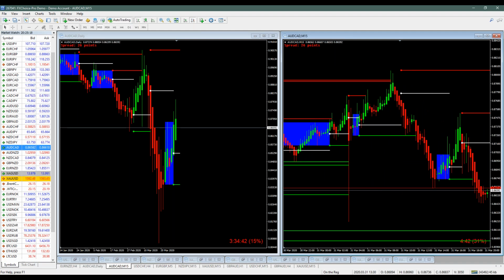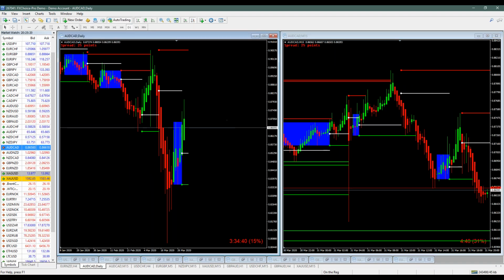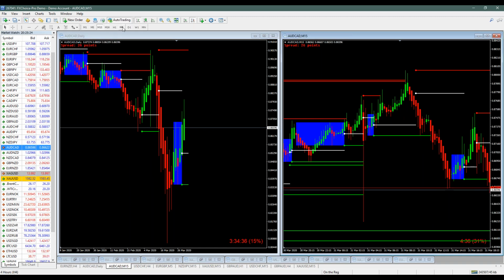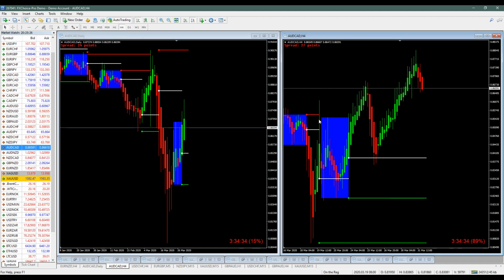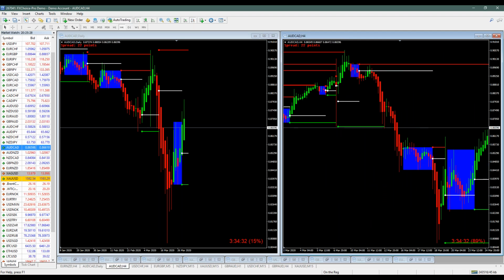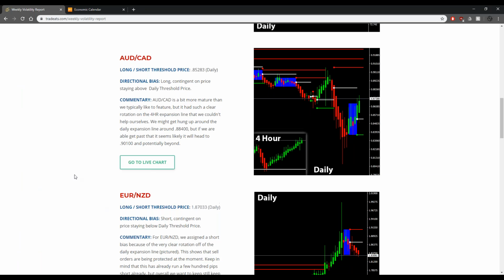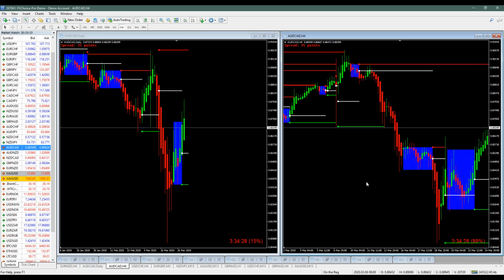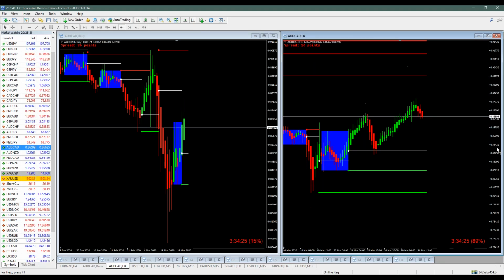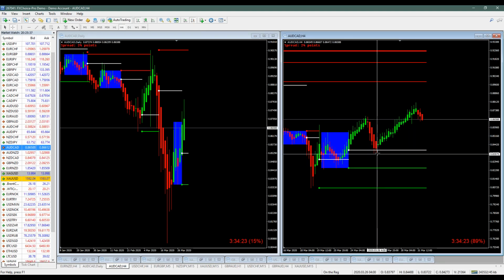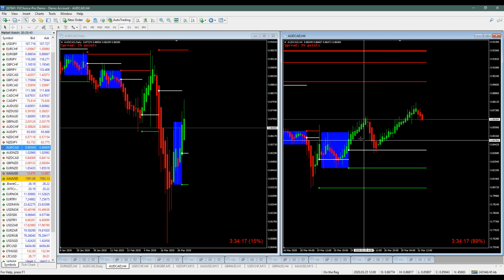All right, so Aussie CAD, we had some interesting stuff going on with this one. Here, let me pull up that 4-hour move that I was talking about before. Yeah, right there. So this is kind of what I'm talking about with these expansion line trades. This is a 4-hour chart.